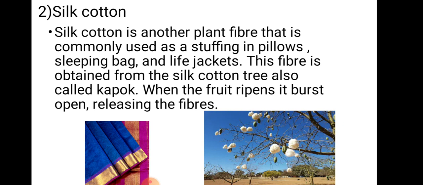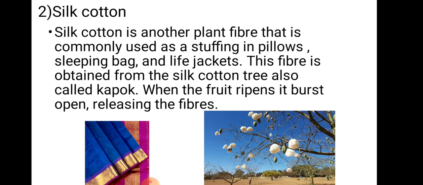Next is silk cotton. Cotton we already know about, that we get from the cotton plant, as it is a fruit of the cotton plant. Now, how about this silk cotton? Silk cotton is another plant fiber that is commonly used as a stuffing in pillows. If you have seen nowadays, the pillows have soft cotton, a silky texture. That is actually silk cotton.